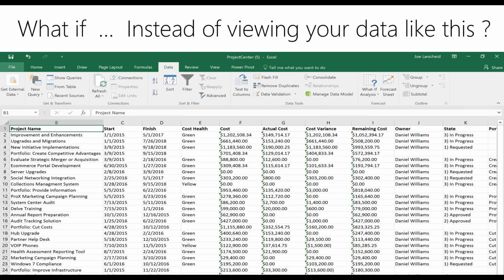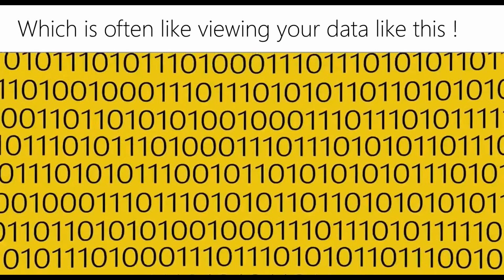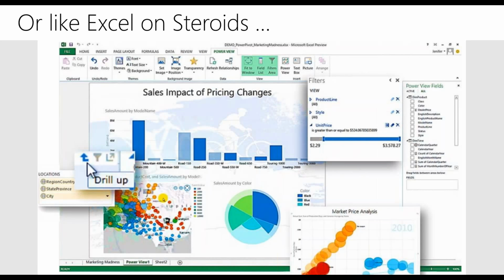So what if instead of looking at your data like this, which can often look like this, really turning it into information, or trying to make Excel, almost like on steroids, do things that it can do, but maybe not easily, and also have things done on a very fragile basis where things like formulas and data can disappear or be deleted. The idea is getting out of this more manual process.